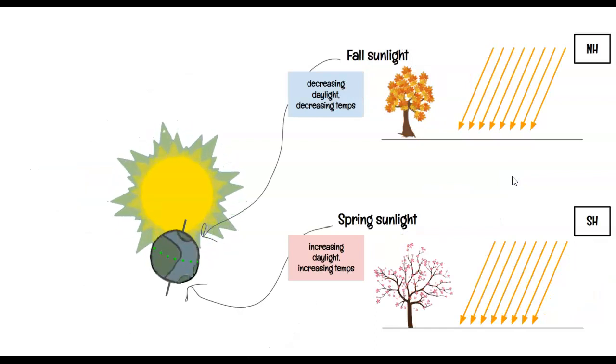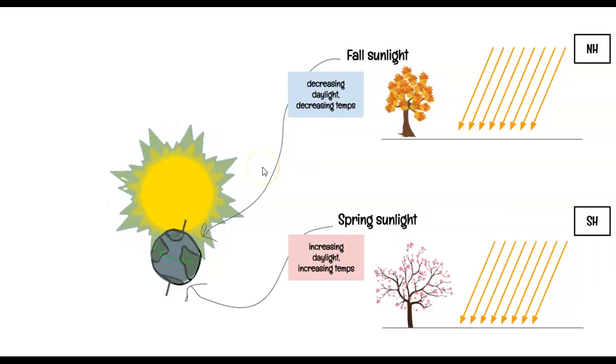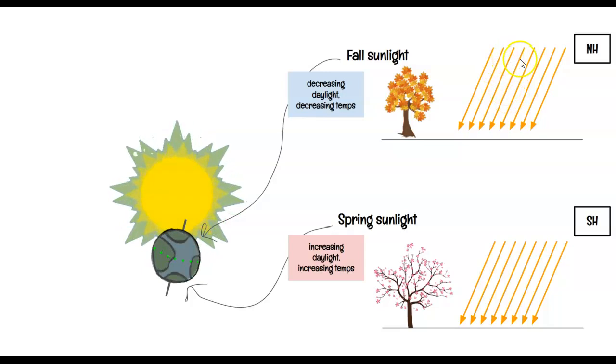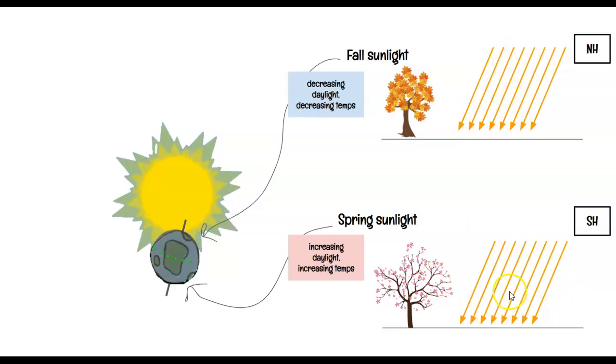In the fall, as we move from summer to fall in northern hemisphere, the angle of the light is going to become more shallow, and the angle in the southern hemisphere is going to increase.